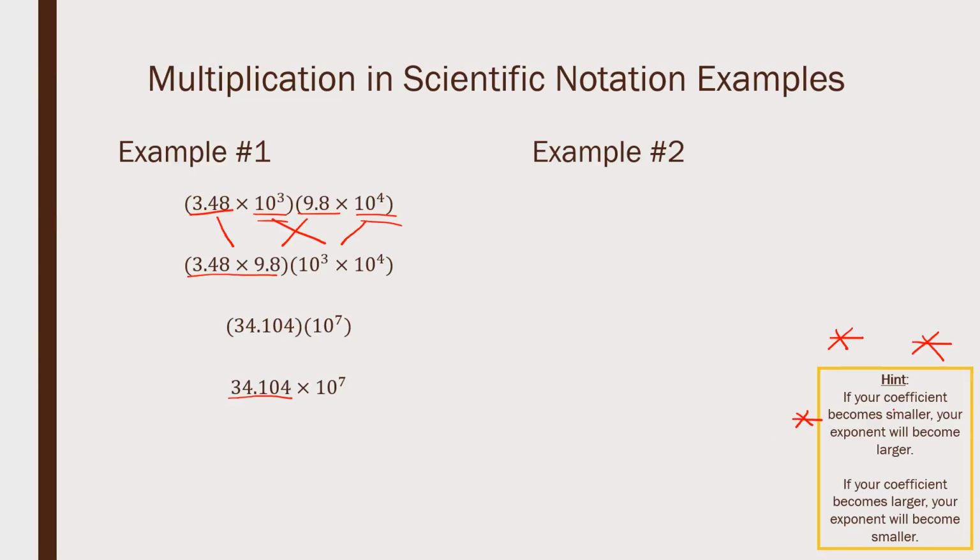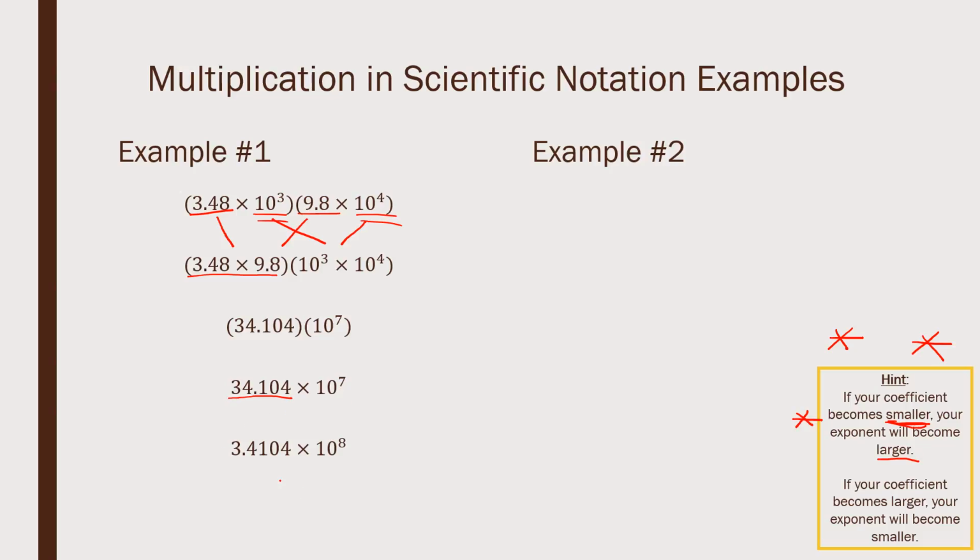What it says is that if your coefficient becomes smaller, your exponent becomes larger. And that makes sense because when you're moving the decimal over to make it a smaller number, this power of 10 needs to grow. It needs to be larger to account for that number becoming smaller. So if this becomes smaller, you've got to make something else larger. So when I move this decimal place over 1, this exponent is going to go up 1.